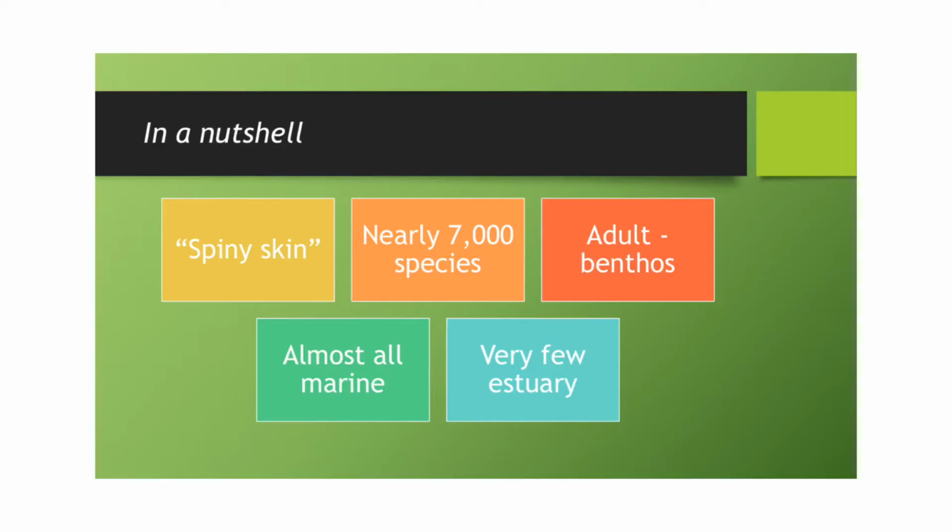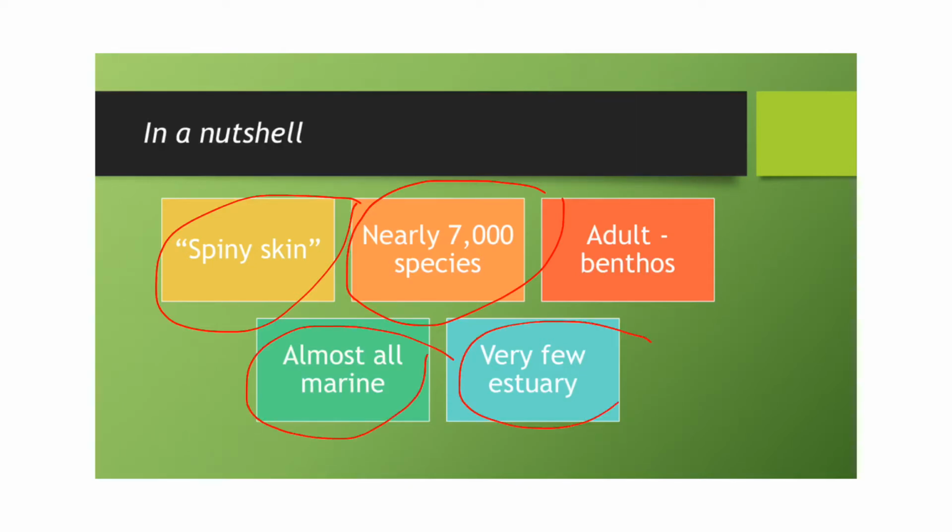echinoderms or Echinodermata refers to spiny-skinned animals, and there are approximately 7,000 species of echinoderms. They are almost all marine, with a few species in estuarine, and obviously they don't live in fresh water, and also there are no terrestrial echinoderms.